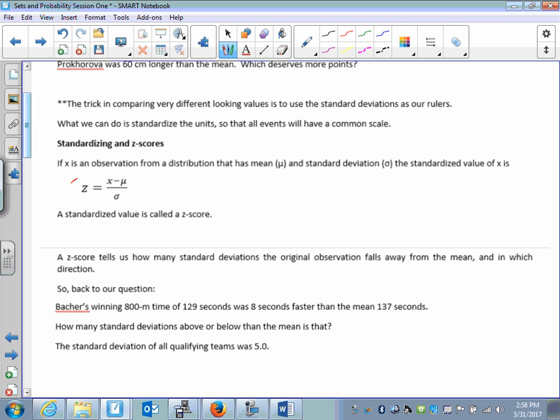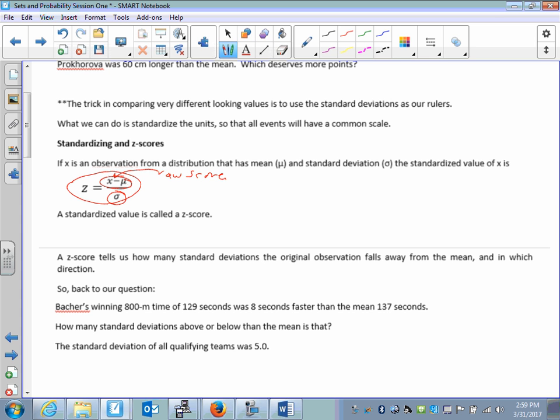This formula right here is the one that takes raw scores, which are just scores that come to us, and converts them into a standardized score. We take the raw score, x, minus the mean, so this value is how far away from the mean we are, and then we divide by sigma.